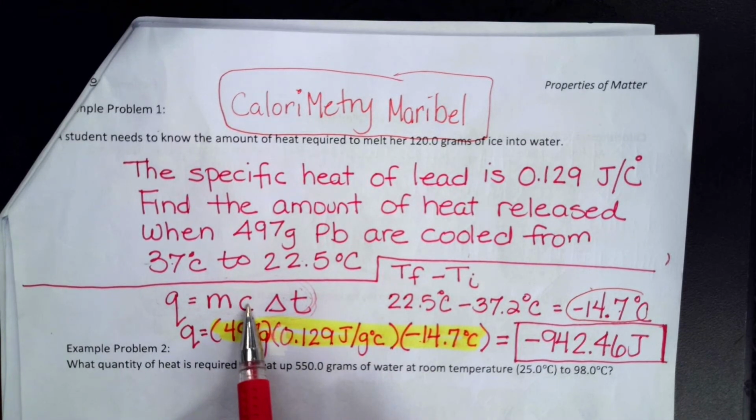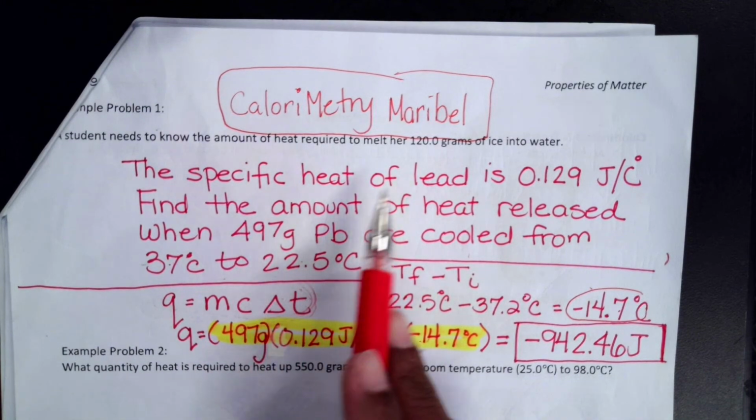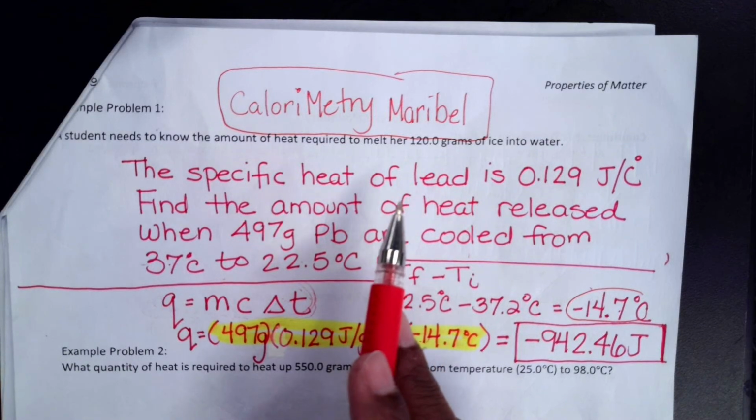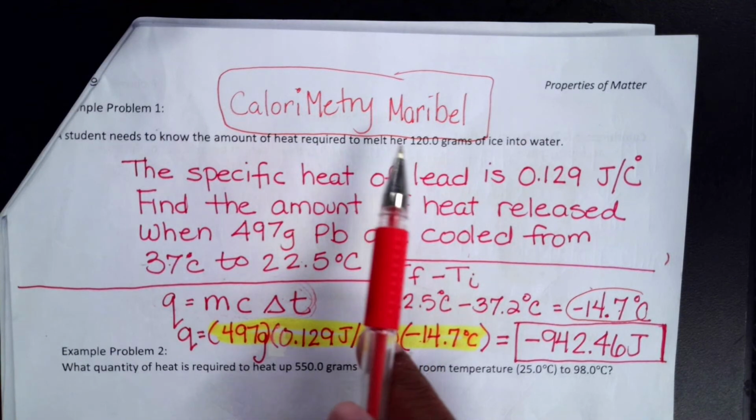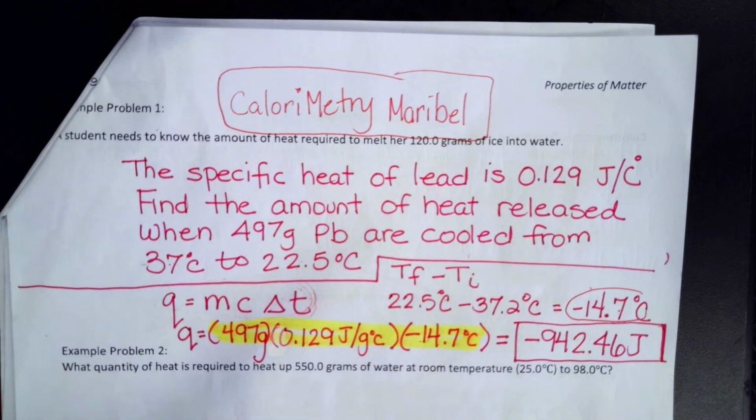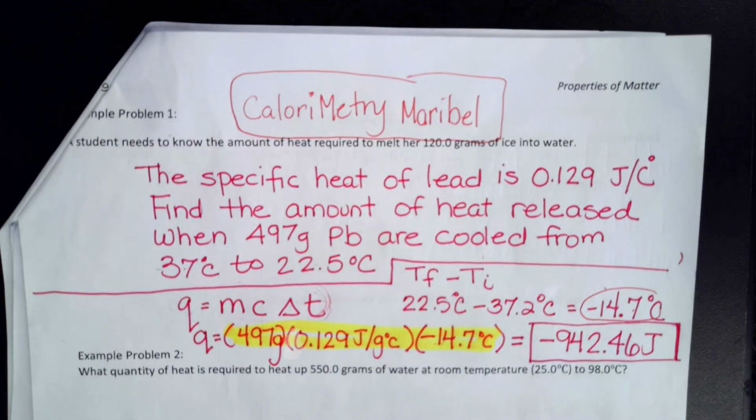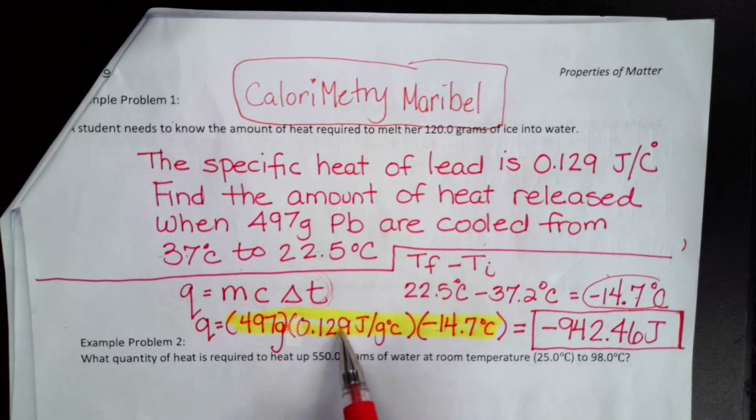C is a constant. Since we're dealing with grams of ice, that's a solid. The specific heat in the problem, it gives us right here.